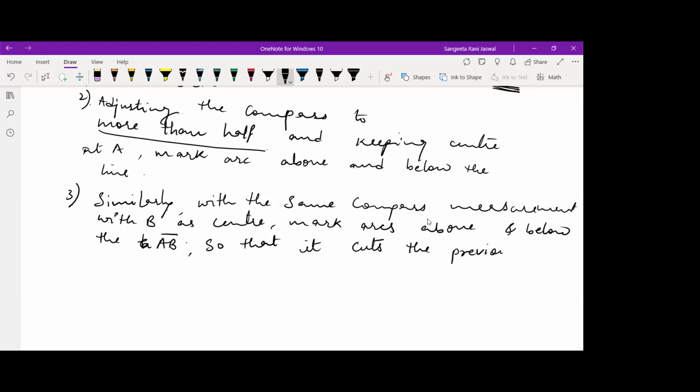Previous means the one which is done in the previous step here. So that it cuts the previous arcs.